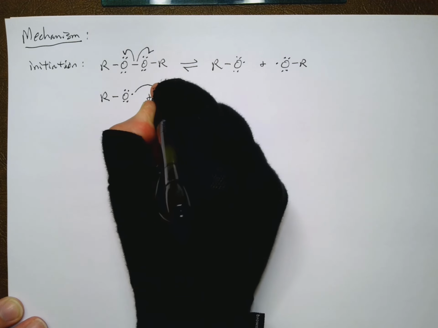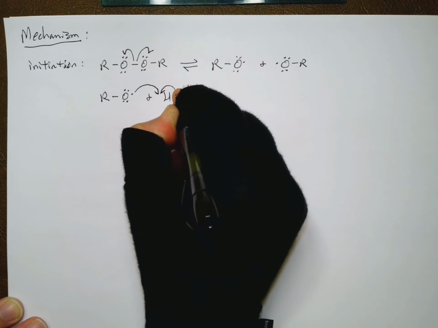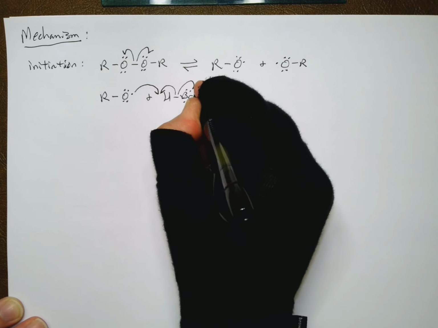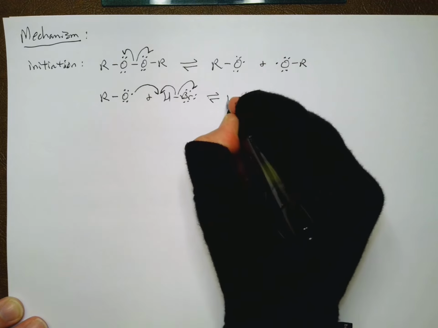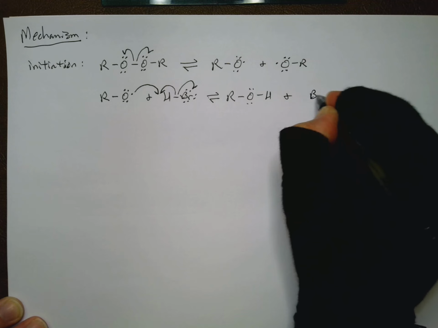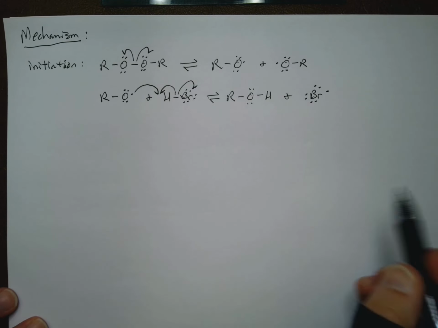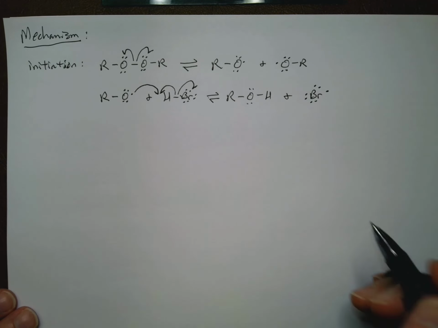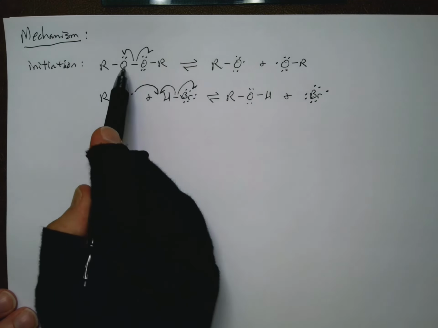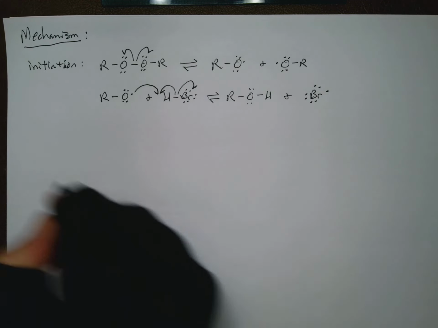So that one electron combines with one electron from there, and then another electron goes on to the bromine, giving us now ROH plus Br dot. So when I say Br dot, that means I've got that one lone electron there. And that's a neutral species. We call this peroxide a free radical initiator, so that this initiates the free radical reaction.